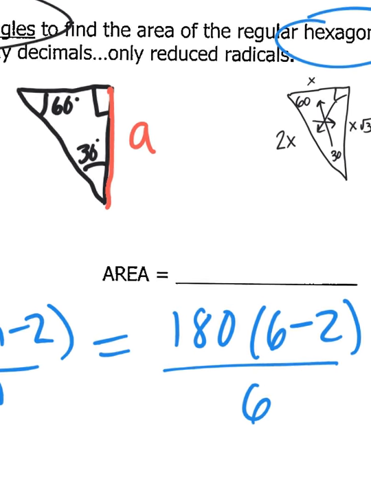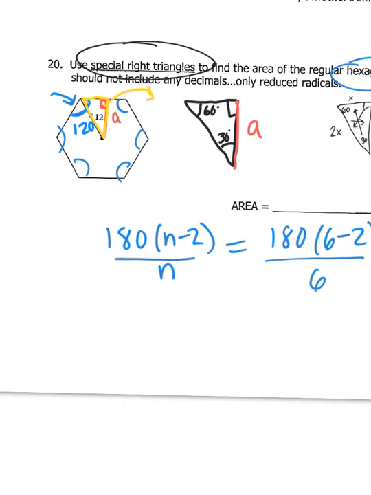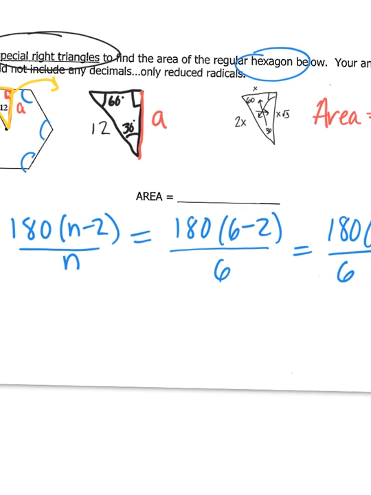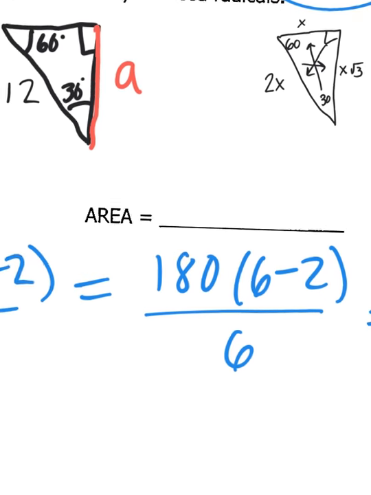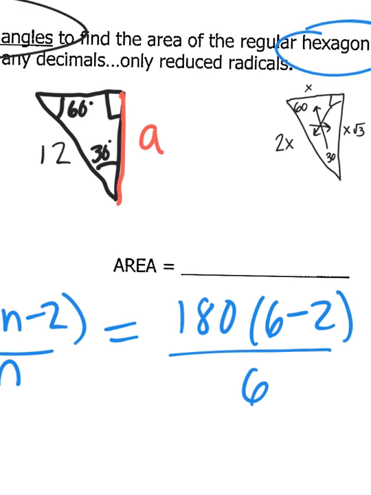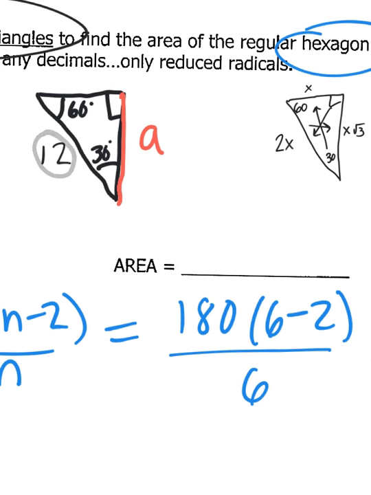We know from our original picture, I guess I should have drawn this in, that this line, the radius, or in this case the hypotenuse of this right triangle, is 12. Sorry, I forgot that in my picture. So looking at our special right triangles map, we are right now at the hypotenuse, which is represented by 2x.